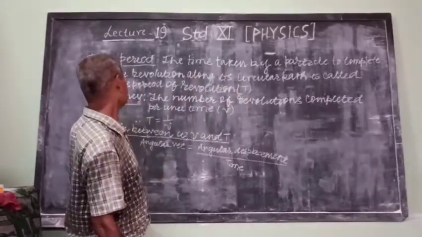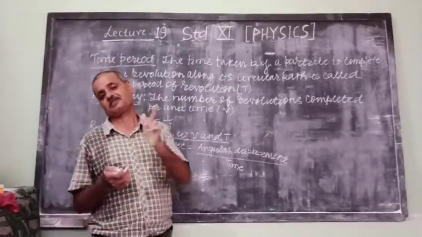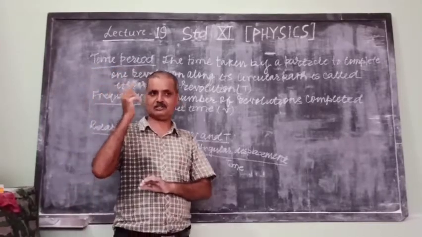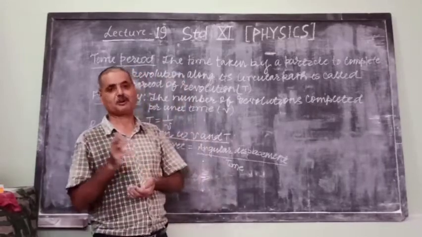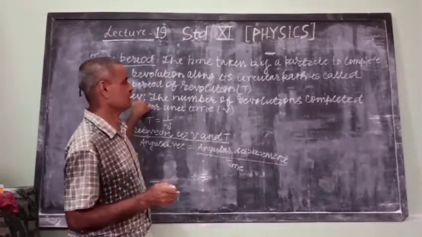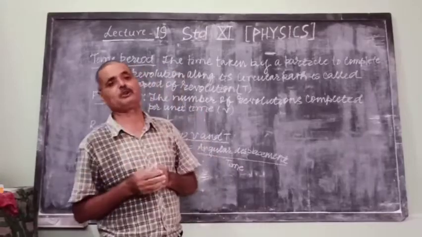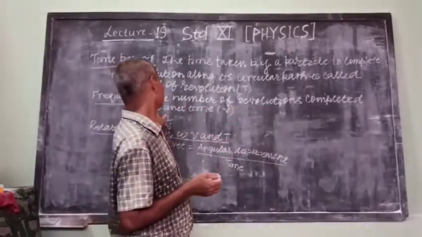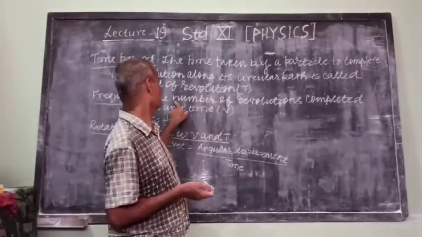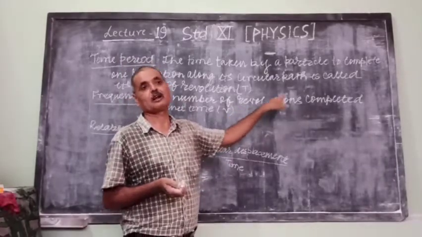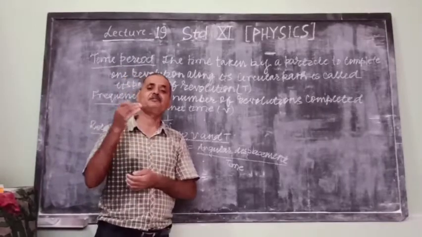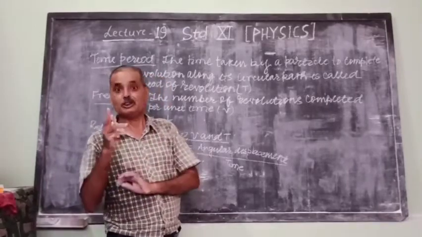Next term is frequency. We have studied about frequency. Recall your memory of class 9. Frequency, number of oscillations per second, that was frequency in standard time. But here, the frequency is the number of revolutions completed per unit time, and frequency is denoted by nu.